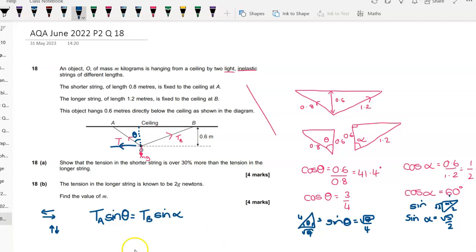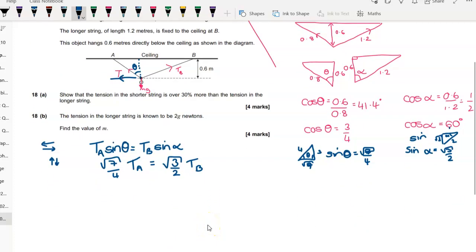Right, okay, so we've got TA. So root 7 over 4 times TA is equal to root 3 over 2 times TB. I want to show the tension in the shorter string, that's TA, right? Therefore, TA is equal to root 3 over 2 times TB divided by root 7 over 4.